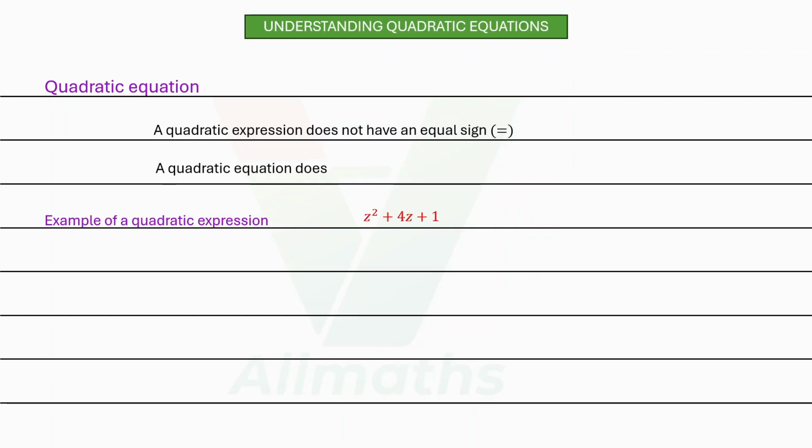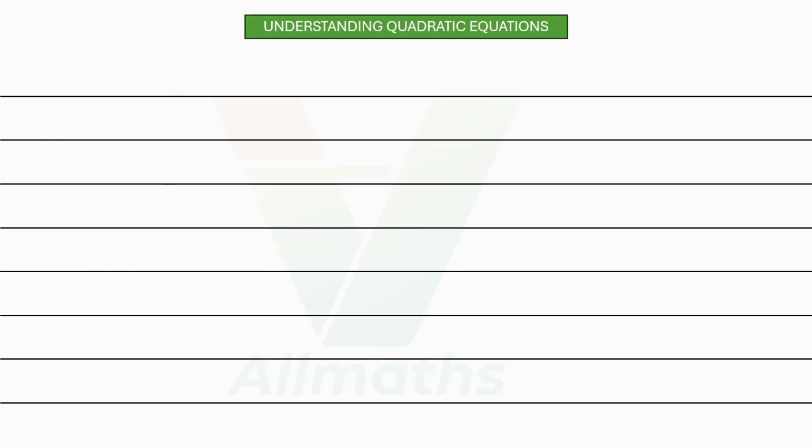This z squared plus 4z plus 1 is a quadratic expression because the highest power of the variable is what? It is 2. Is that okay? But when you look at this, z squared plus 4z plus 1 equals 0, this is a quadratic equation because an equality sign has been introduced to it. Once an equality sign has been introduced, it is a quadratic equation.